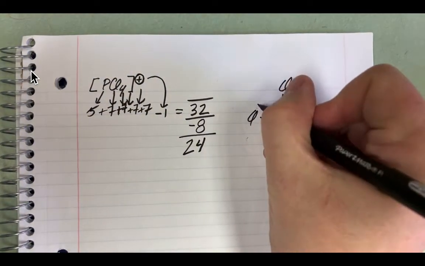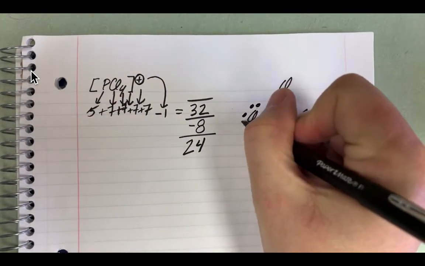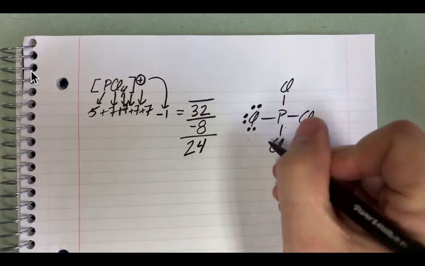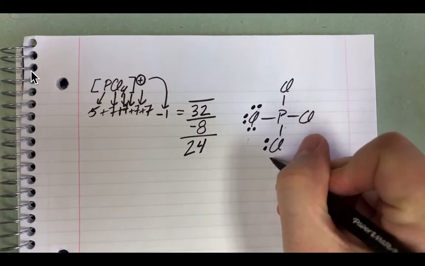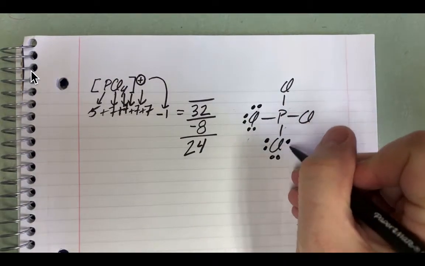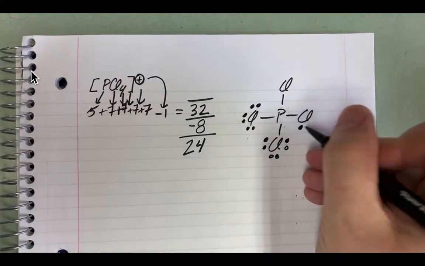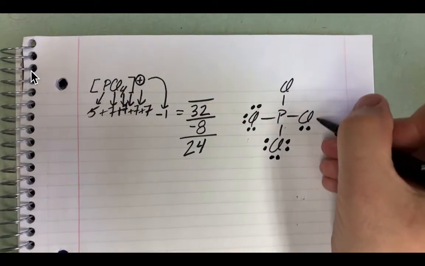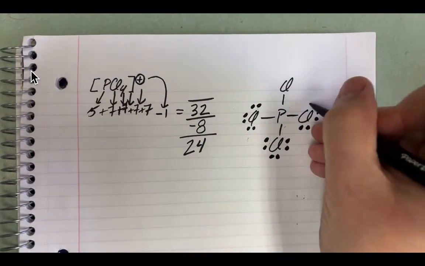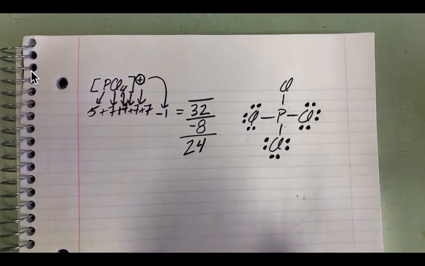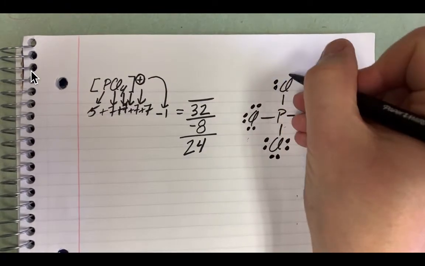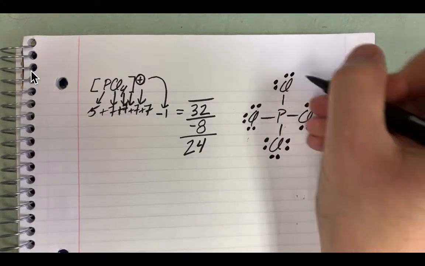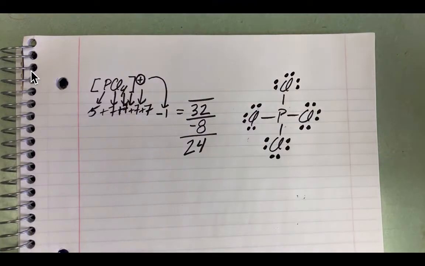Okay, and so 2, 4, 6, 8, 10, 12, 14, 16, 18, 20, 22, 24.